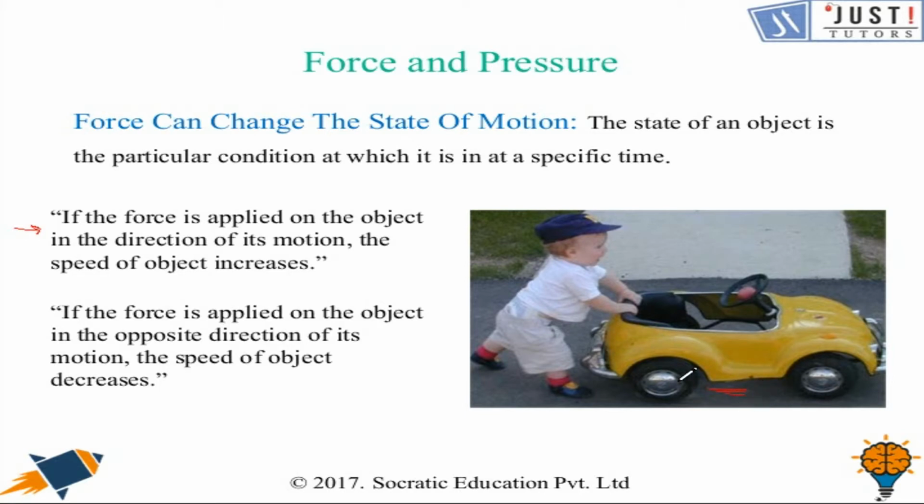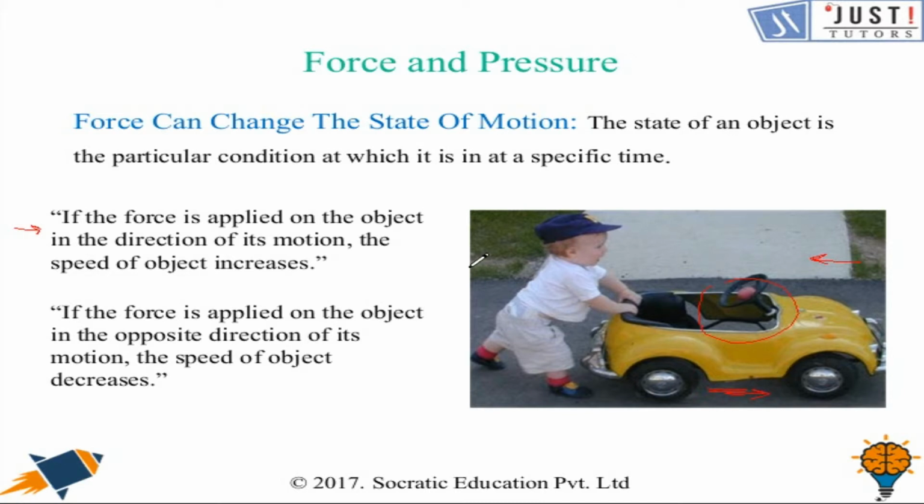Similarly, if this car is moving in this direction and an external force is applied in the opposite direction, the speed of this car will decrease, because we have to remember from the last video that if two different forces are applied on an object in opposite directions, the net force is the difference of both forces. The same applies here, which results in the decrease of the speed.